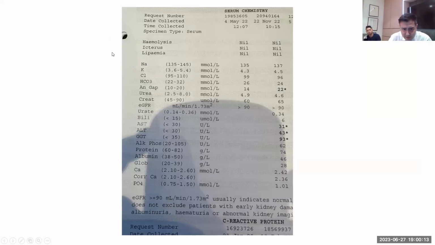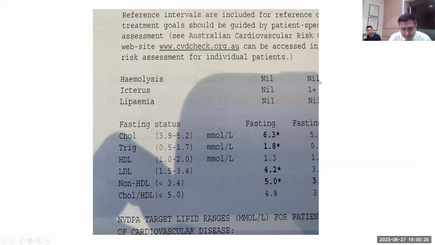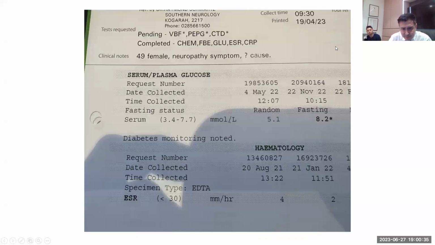This is the blood results from the same patient. You see mild derangement in the LFTs. Electrolytes are normal. He has risk factors for cardiovascular disease, independent of his Cushing's disease.